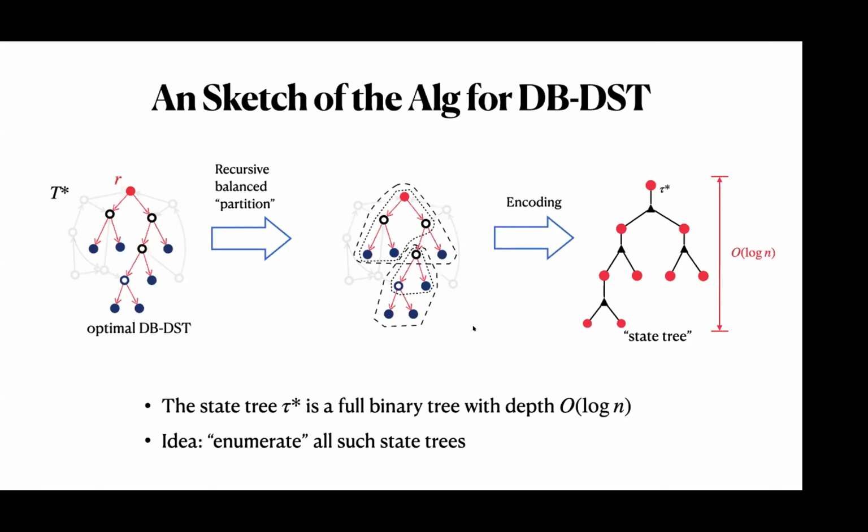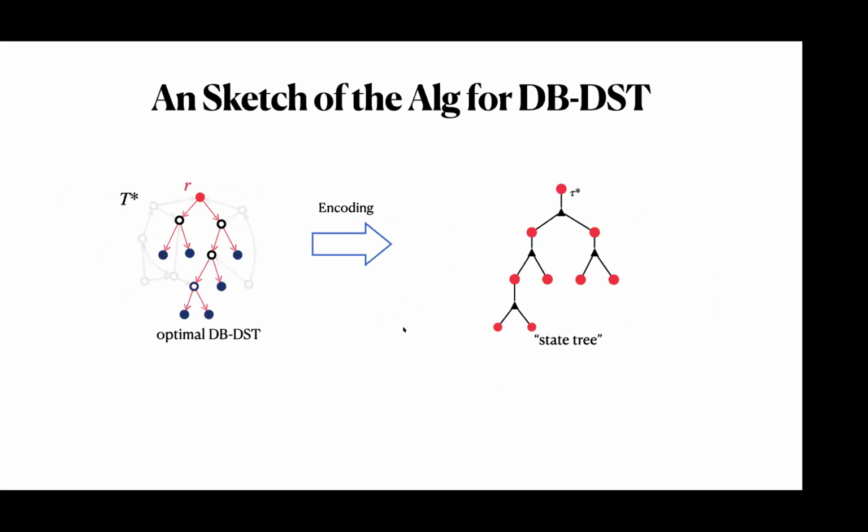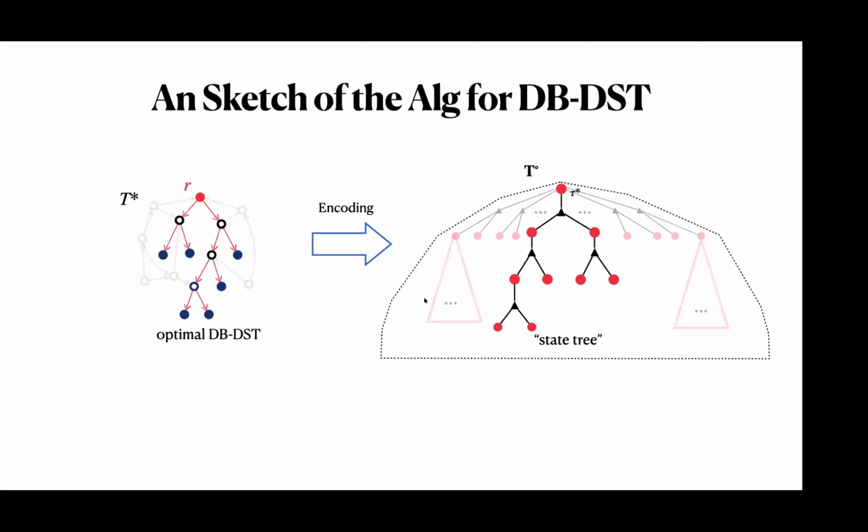Our idea is to enumerate all such state trees, since they are of shallow depth and have a very nice structure. Our key idea is to show that this tree is a subtree of a large tree, which we call a T-circle.